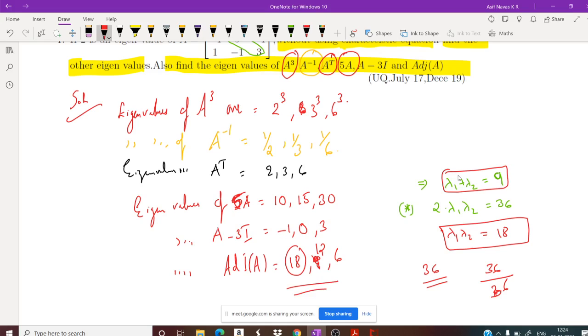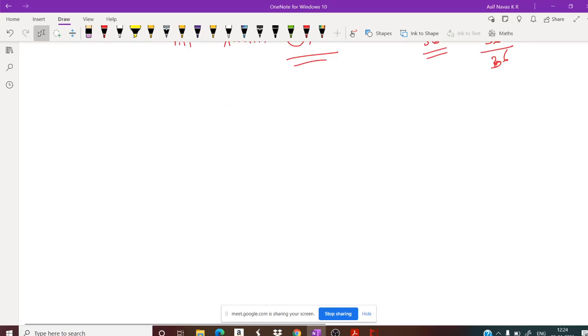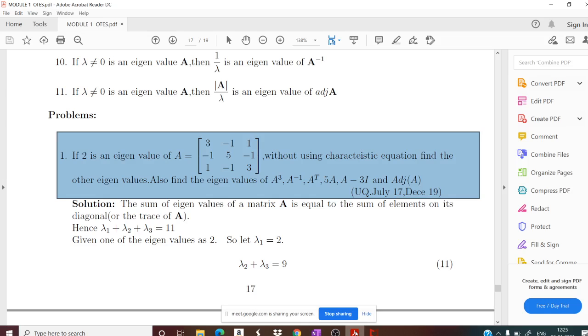So the eigenvalue of adjoint of A is the determinant of A by lambda. It's easy, right? Anybody have any doubt?